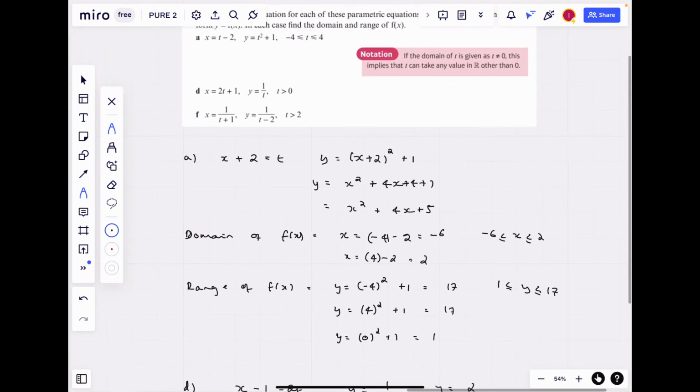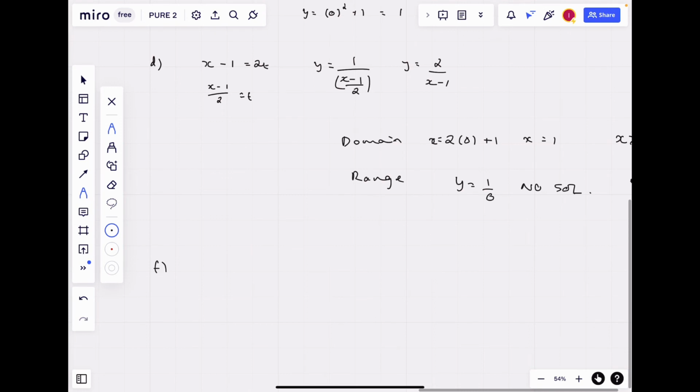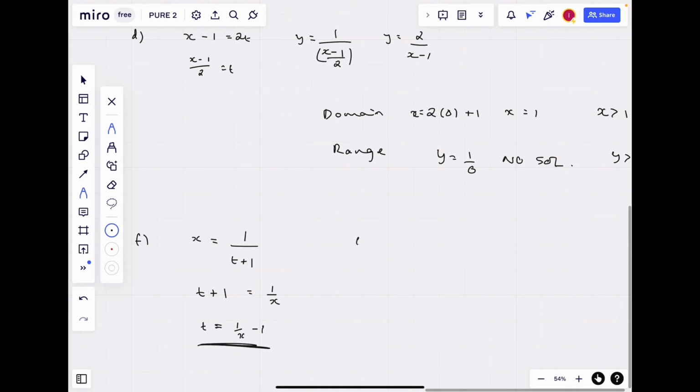Okay, last one. Same thing again. You have x equals 1 over t plus 1. If you take the t plus 1 to the other side and then divide by x, you get this. That is your substitute. When you put that in, you get 1 over x minus 1 minus 2.